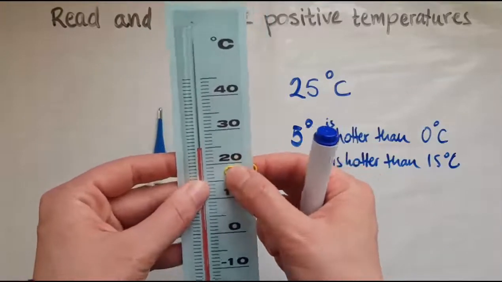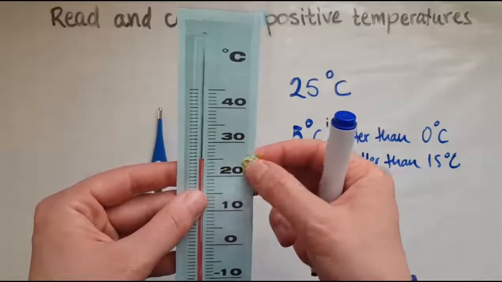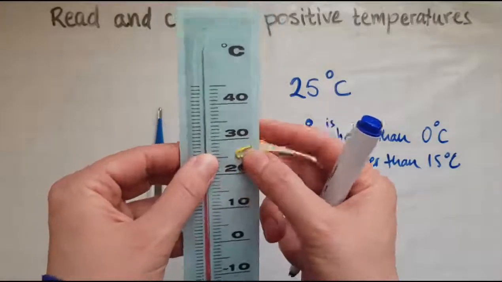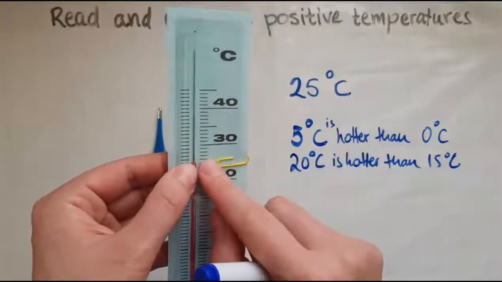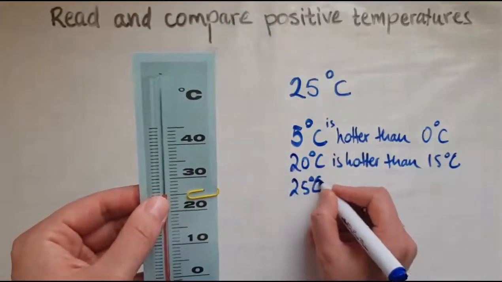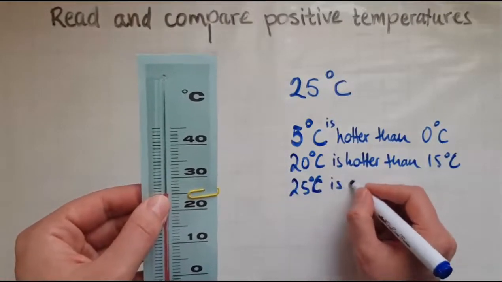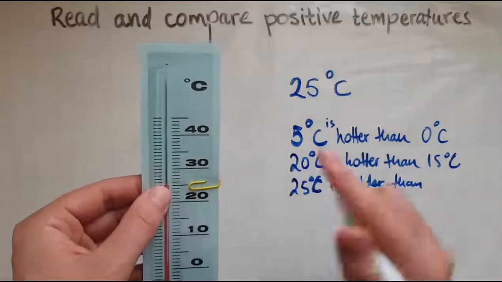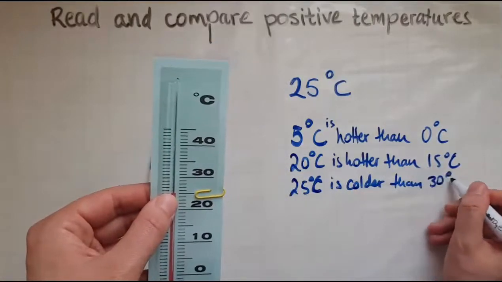And if we're trying to compare 25 with 30, so 25 degrees Celsius is colder than 30 degrees Celsius.